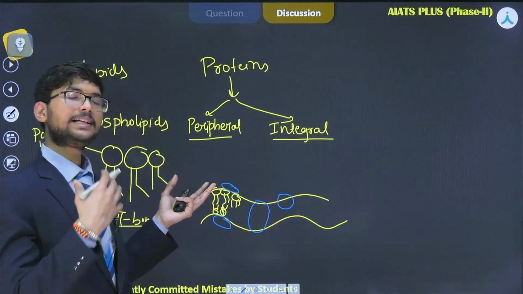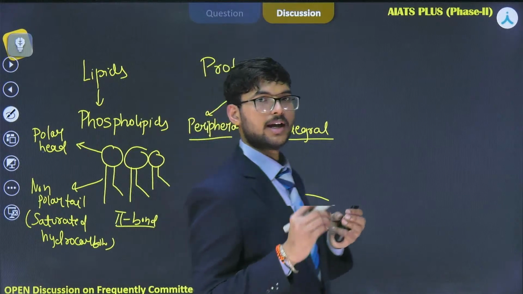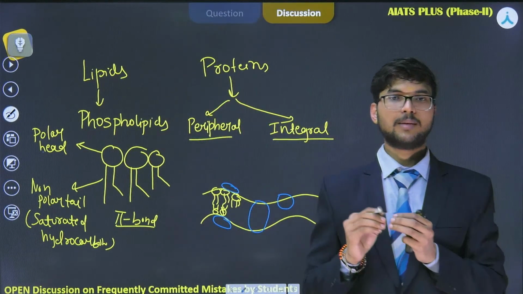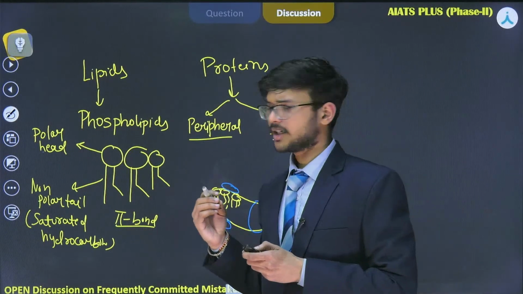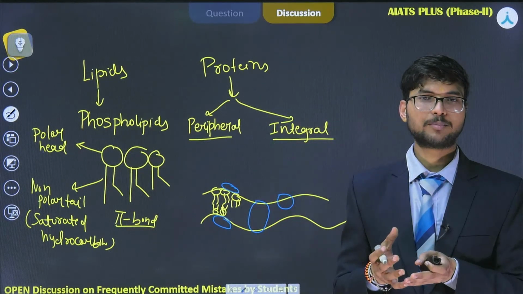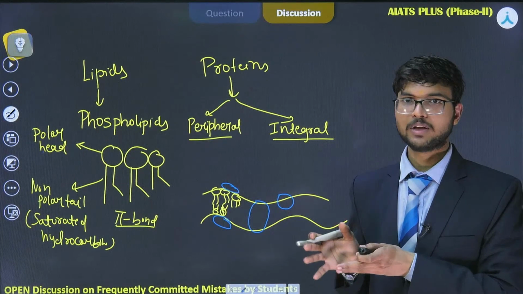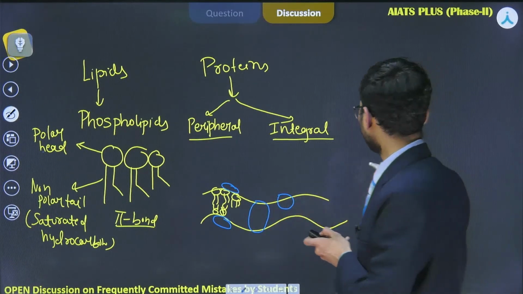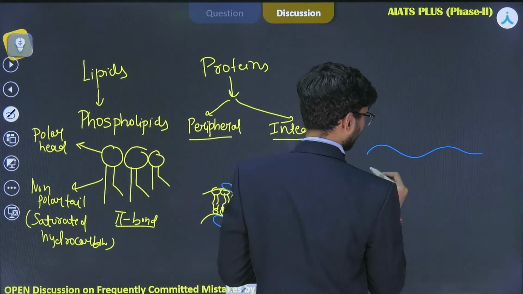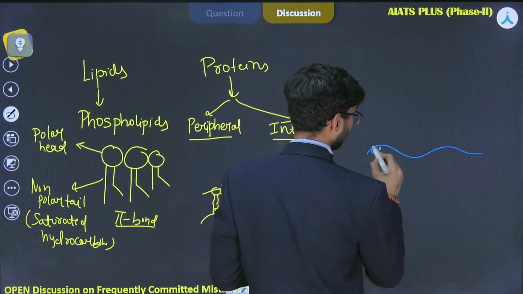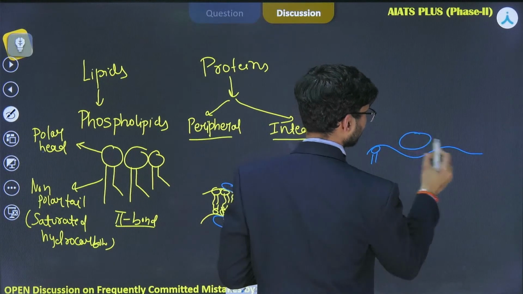Now comes Singer and Nicolson, who gave the fluid mosaic model of the plasma membrane. They said that the quasi-fluid nature of lipids provides fluidity to the membrane. Their concept was that the plasma membrane comprises a sea of lipids on which the proteins are floating.